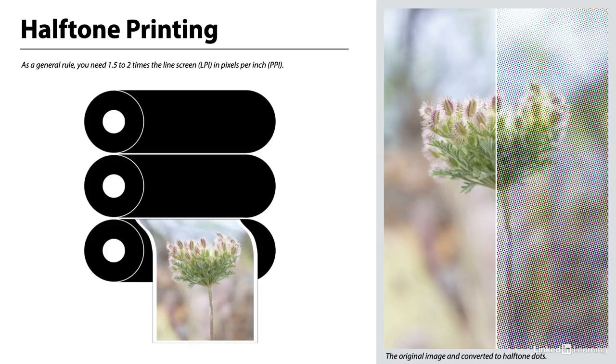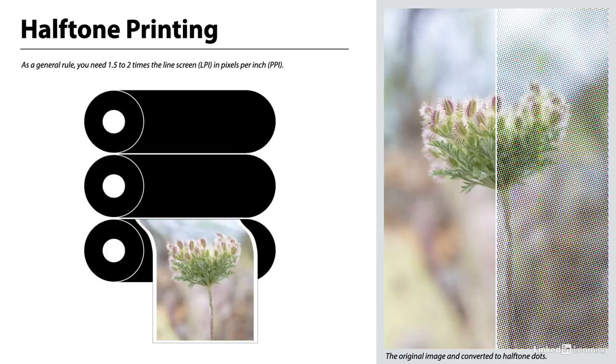You may be limited to an 85 line screen for a newspaper, for example, whereas if you're printing to a high-end paper for a high-end quality fine art book, you might be able to print as high as a 300 line screen. As a general rule of thumb, you need 1.5 to 2 times the line screen, or LPI, in pixels per inch, or PPI.